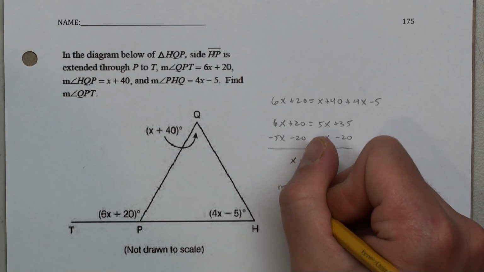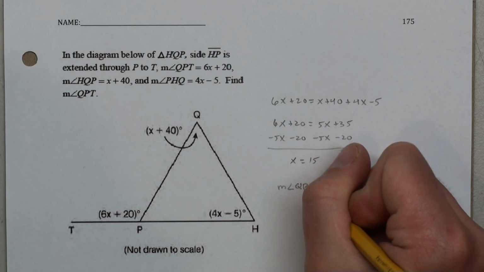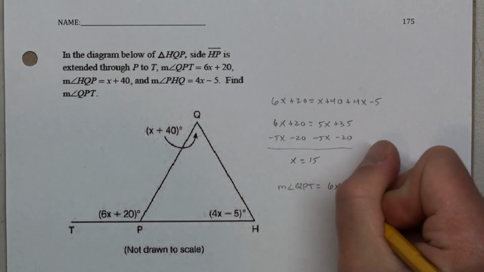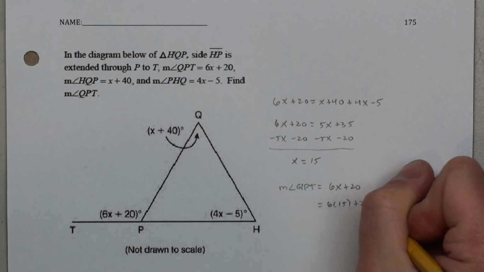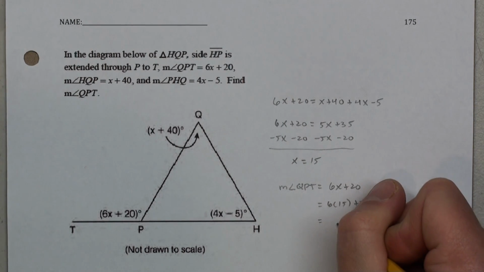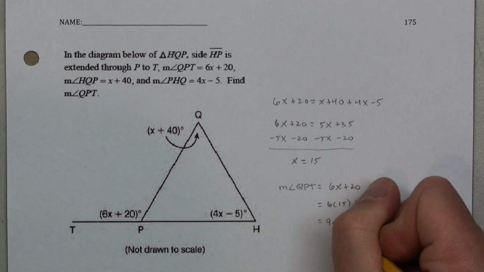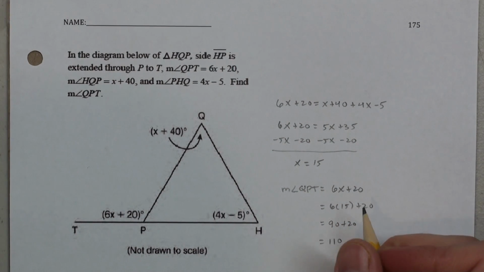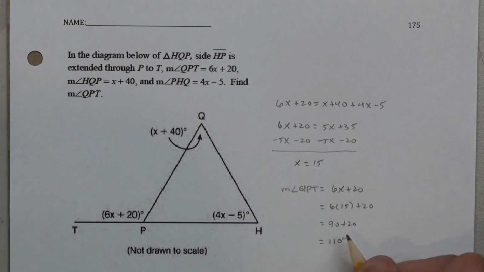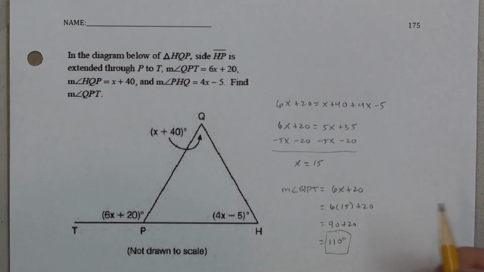So the measure of angle QPT is 6x plus 20, which is 6 times 15 plus 20, which is 90 plus 20, which is 110. And that's degrees.